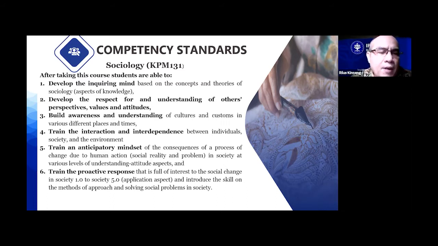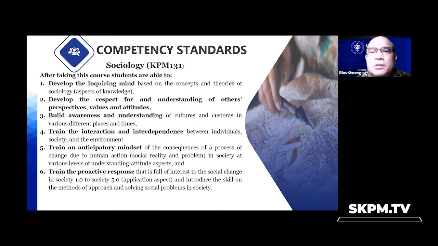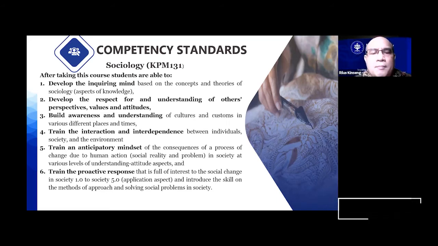And then number five, to train an anticipatory mindset, meaning that we want to develop the attitude to anticipate what will happen in the future. Based on our understanding of the trend or the existing condition now, we can also use our knowledge and facts to anticipate what is going to happen in the future.